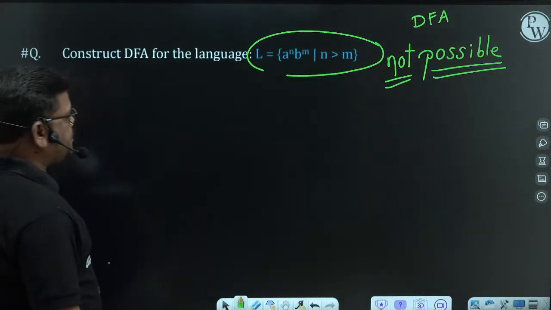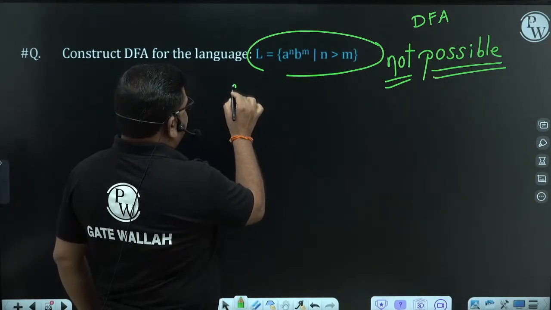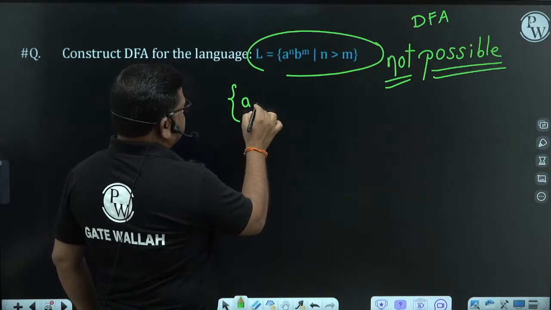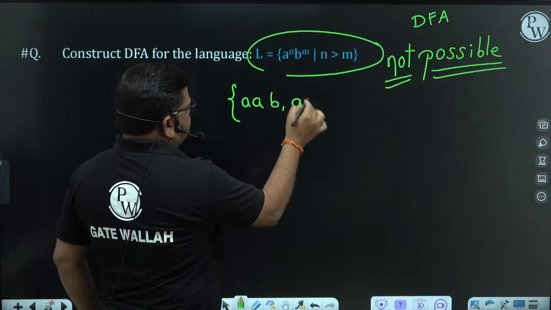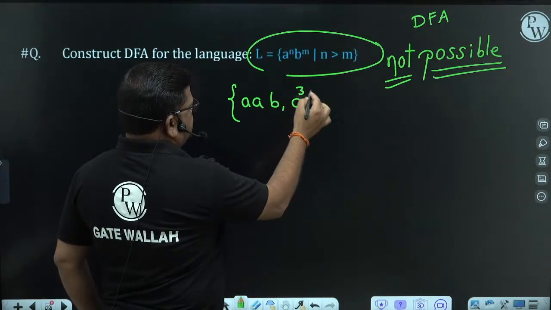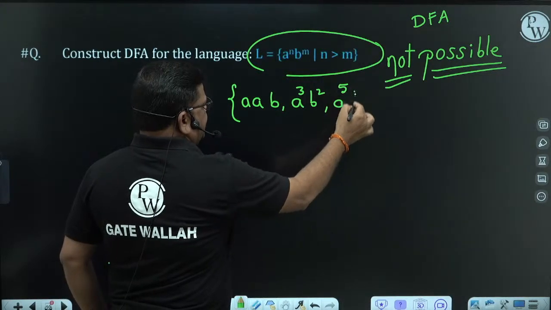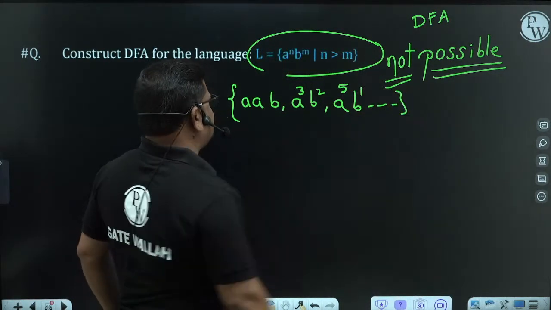See this language, the previous one, a power n, b power n. Let us try to construct some strings from this. Number of a's more. So 3 a's, 2 b's, 5 a's, 1 b, and so on. This way. The language structure is like this.